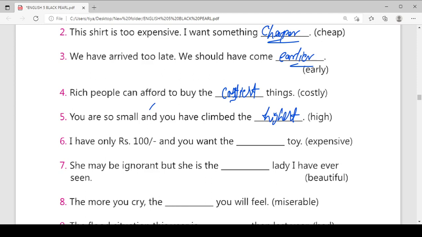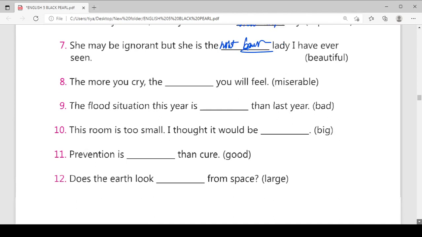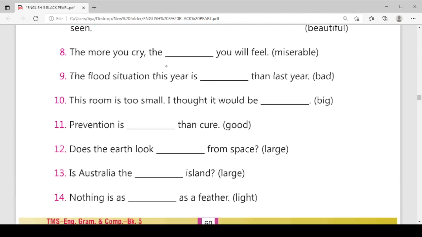Okay, I have only 100 and you want the most expensive toy. Most expensive toy. She may be ignorant, but she is the most beautiful lady I have ever seen. The more you cry, the more miserable you will feel.